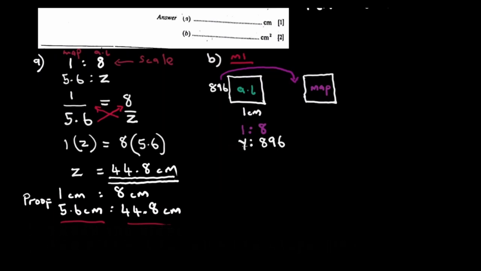You can pause your video here and try to solve this proportion for y. Then you can unpause to see how it is done. So it is 1 over y is equal to 8 over 896.